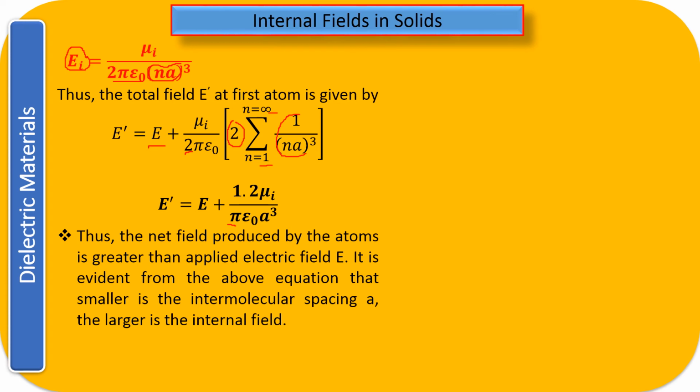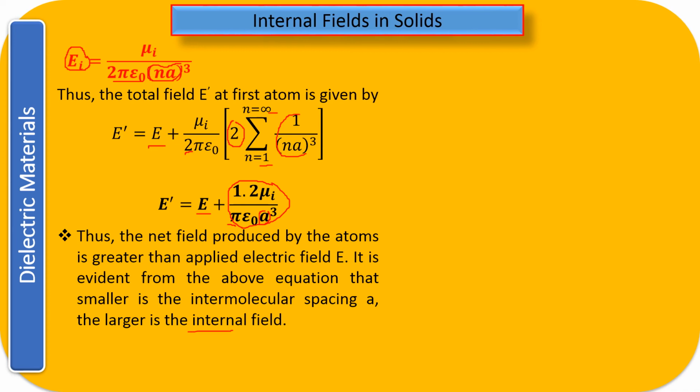Thus the net field produced by the atoms is greater than the applied electric field. The applied electric field was E, and the total field, of course, since you have added a positive quantity, has increased. It is evident from the above equation that the smaller the intermolecular spacing A, the larger is the value of the internal field.